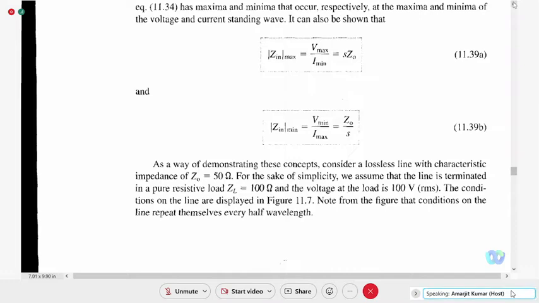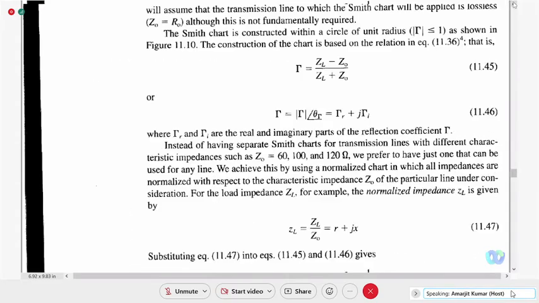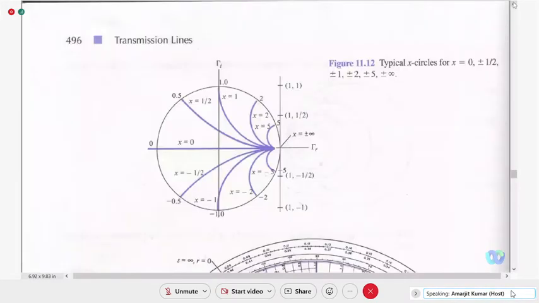So the location of maximum voltage will be where the input impedance is maximum, from this equation. And what about Vmin? Z in min is equal to Vmin upon Imax. So minimum voltage means where the input impedance is minimum. Now this theory you remember, and come here.